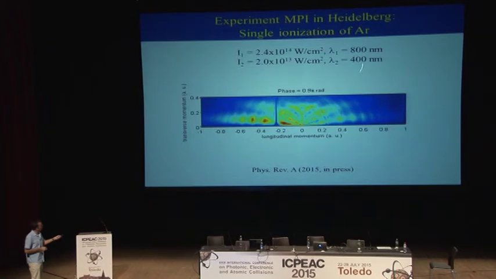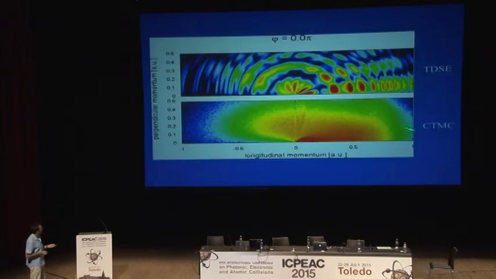But what happens when they vary the two color phase? You can observe some motion of ionization going from the right to the left. So in this way, we can control in which direction the ionization will be mostly produced. We have produced some calculations about this, TDSE calculations and classical calculations.